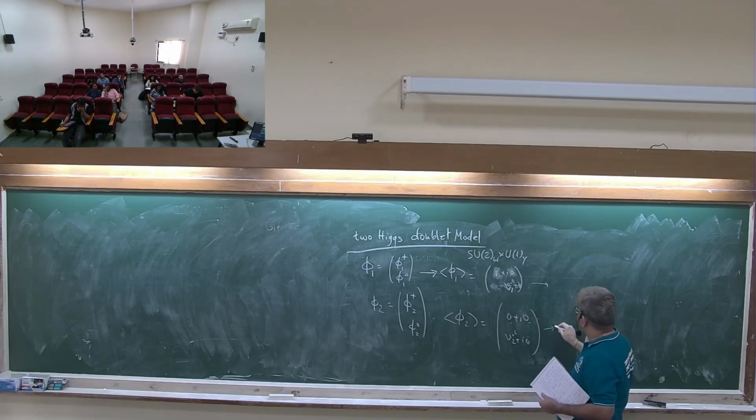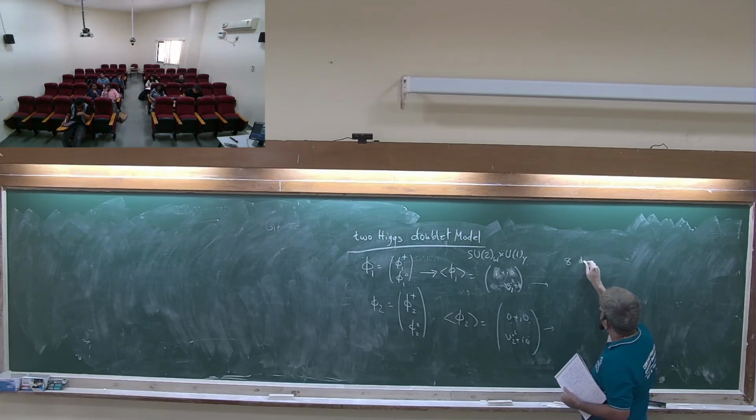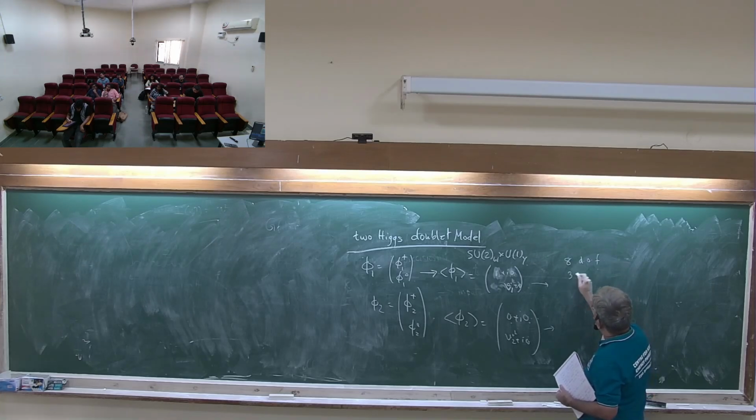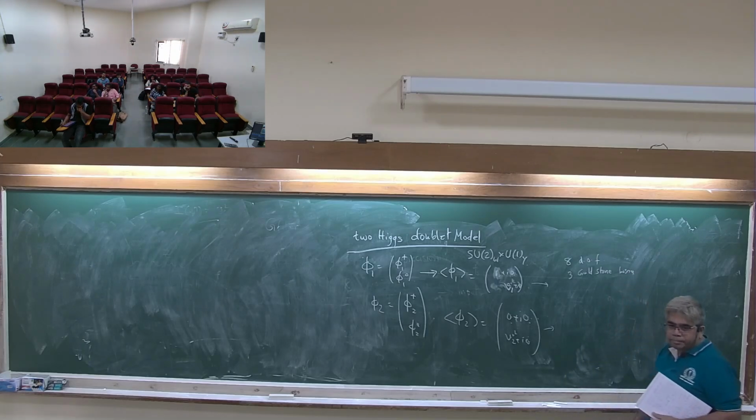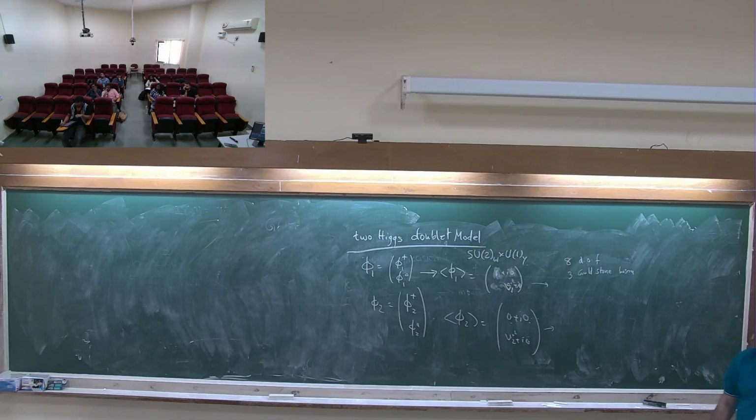Okay, so the physical spectrum is complicated. The physical spectrum is 8 degrees of freedom to start with, and then 3 Goldstone bosons. Why are there 3 Goldstone bosons? Yeah, why only 3? Because in the standard model also there are only 3, because you only have 3 broken generators.